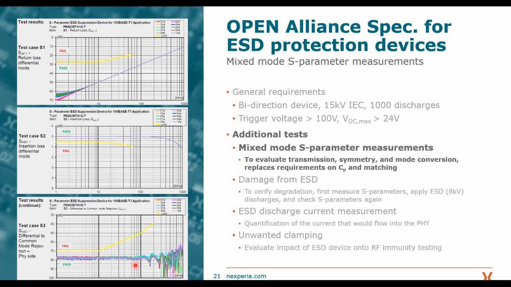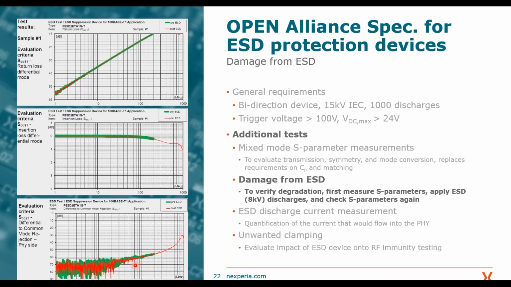Okay, the second test is the damage from ESD, but it's again related to the signal integrity. The idea of this test is very interesting and also kind of new. What you do here is you measure the scattering parameters, again reflection, transmission, and also the mixed mode parameters.